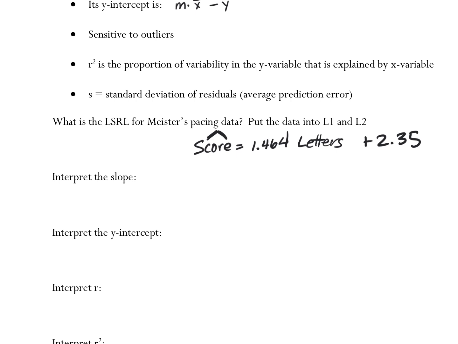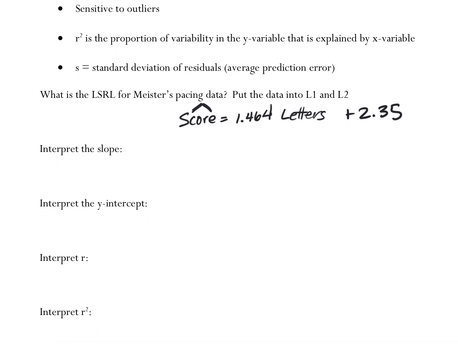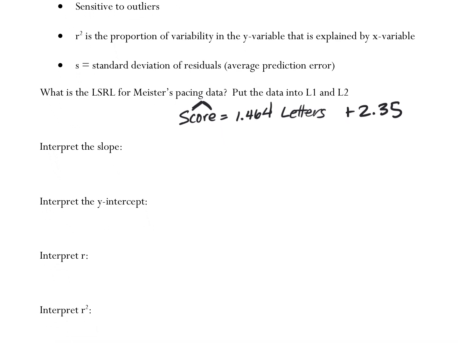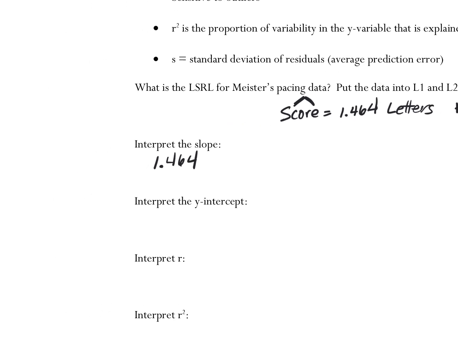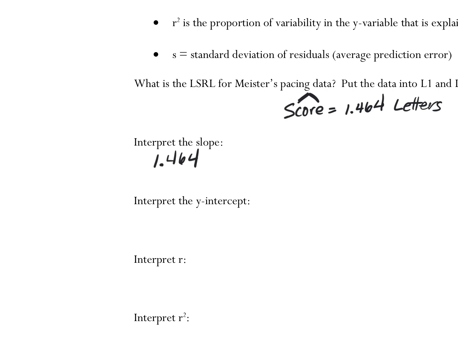Everybody good? Okay. You guys, there's two numbers in my line. Which one of them is the slope? 1.464. How do we know that the slope is equal to 1.464? Say that one more time. Okay. So why does that make the 1.464 the slope?